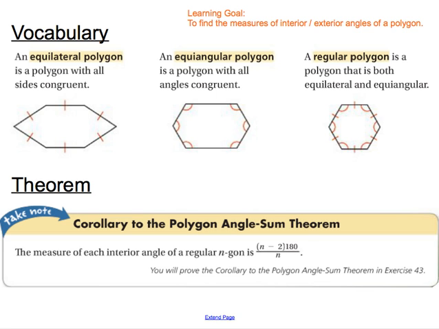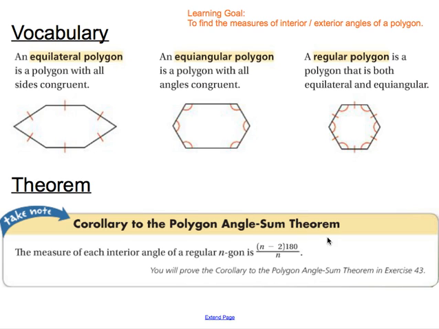Then we have a corollary to the polygon angle sum theorem. It states that the measure of each interior angle of a regular n-gon is n minus 2 times 180 divided by n. If we think about what's going on here, we're finding the sum of the interior angles of a regular polygon, and that's given by this top part of the formula.